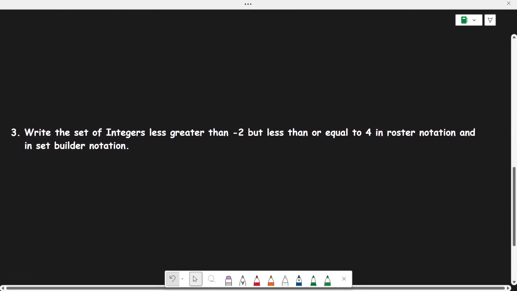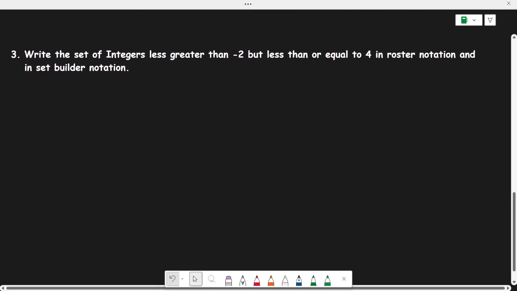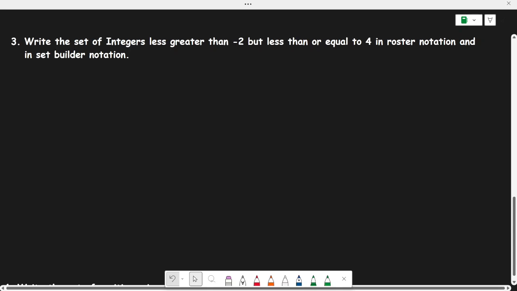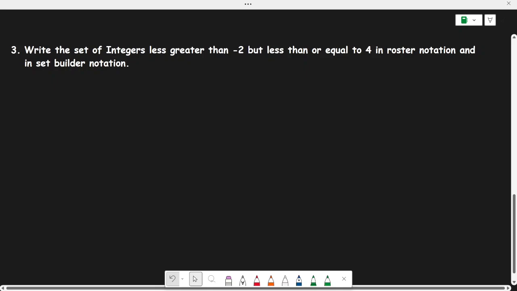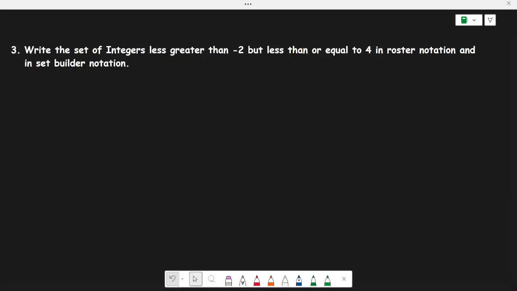Let's try to look at the third question. The third question is saying write a set of integers greater than negative 2 but less than or equal to 4 in roster notation and in set builder notation. So what are integers? Integers are like natural numbers, but we also include the negative values.